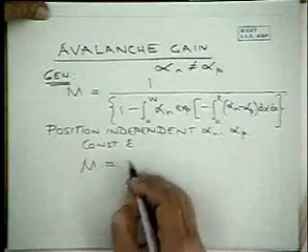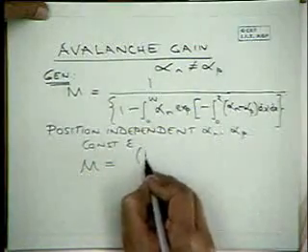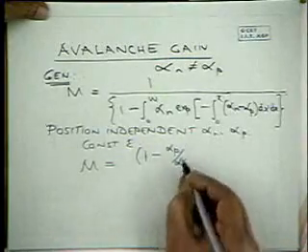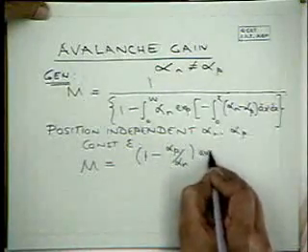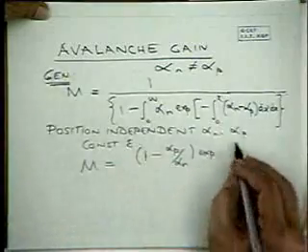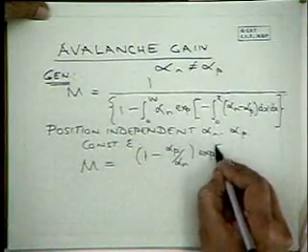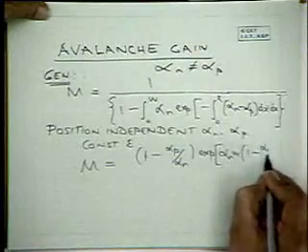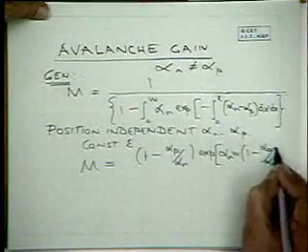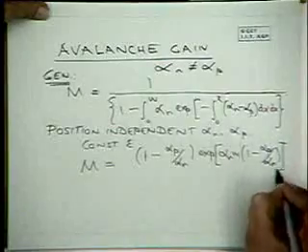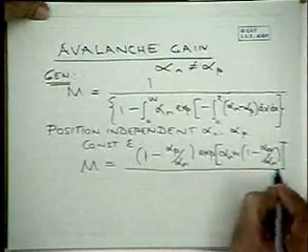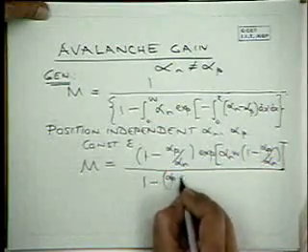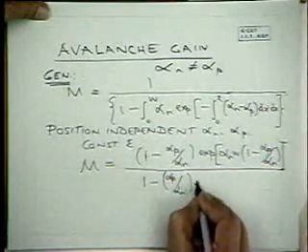Then you will get the condition that M is equal to 1 minus alpha p by alpha n times the exponential. Alpha p and alpha n are different, but they're constant over the width of the diode.